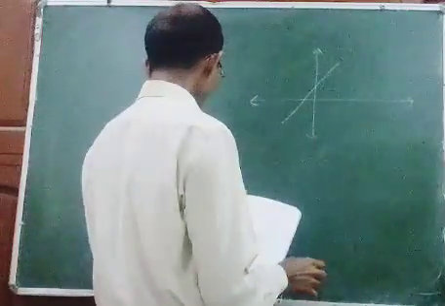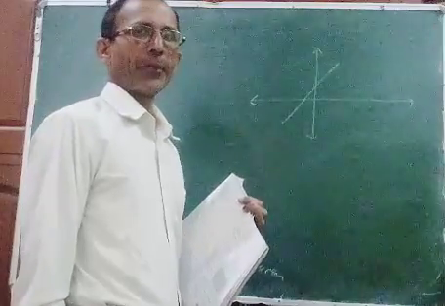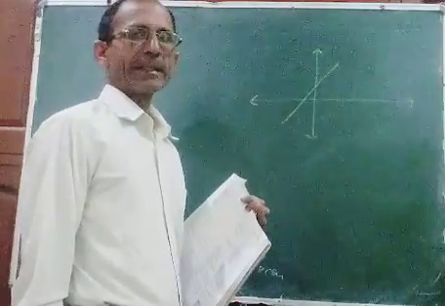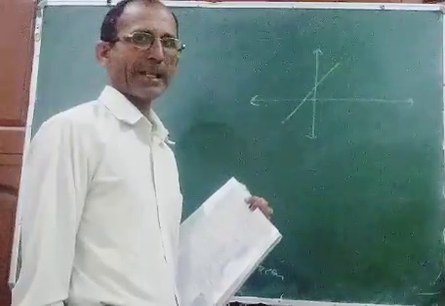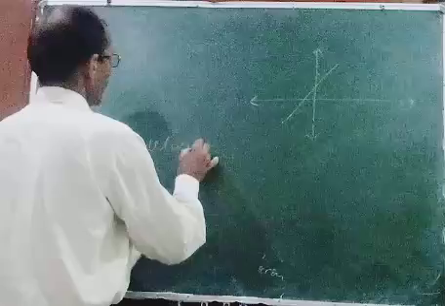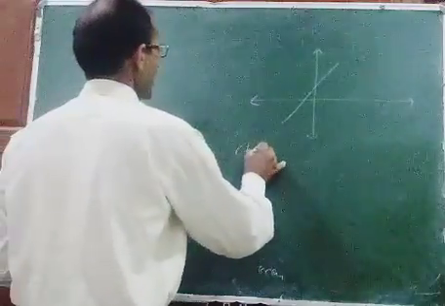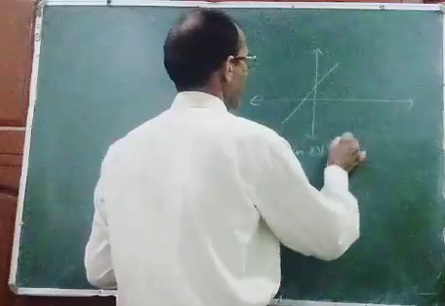This is given already. So we have to find the velocity. It means change in distance by change in time. Velocity is change in distance upon change in time.